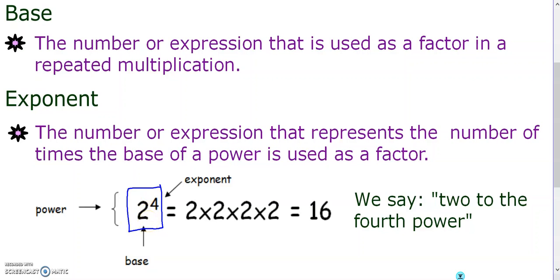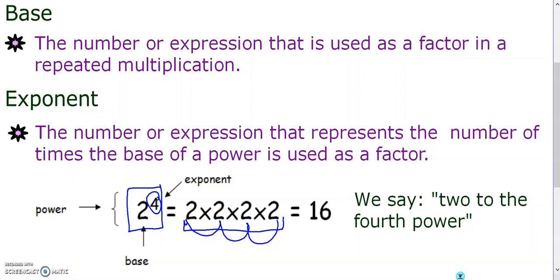When we have a power, that means we are repeating multiplication over and over again. What we're doing is taking the base number, 2, and expanding it out with multiplication 4 times. The exponent tells you how many times you have to repeat that multiplication. So 2 times 2 times 2 times 2.